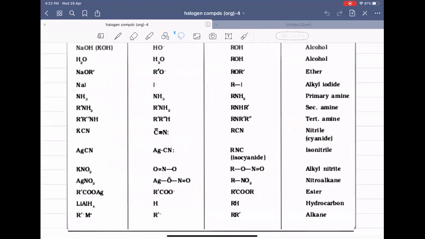Coming back to the rest, you can have any such derivatives taken. This is all fine. The question is, when you have KCN and AgCN, KNO2 and AgNO2, things are different. So I would be discussing more about KCN, AgCN, KNO2, AgNO2. These are very, very important things.